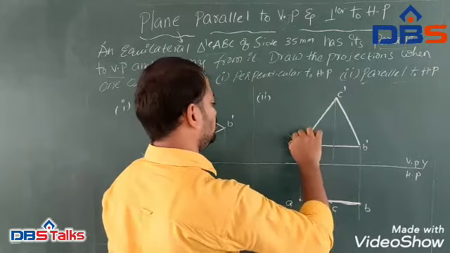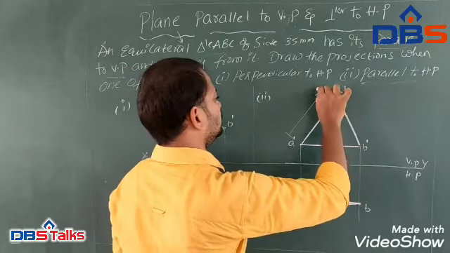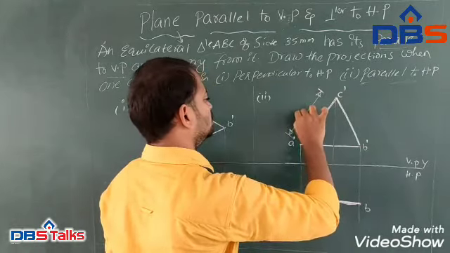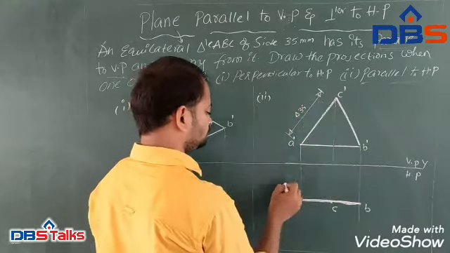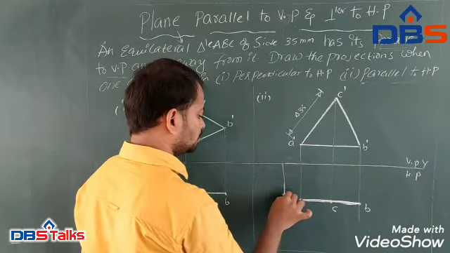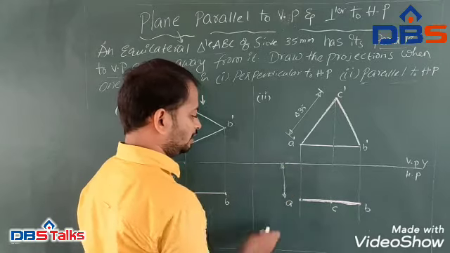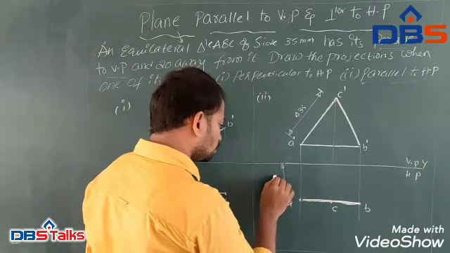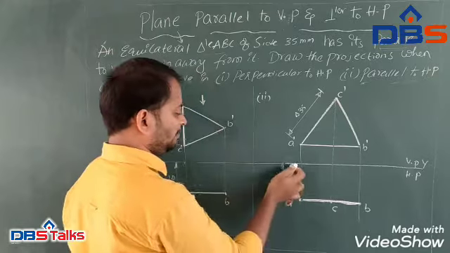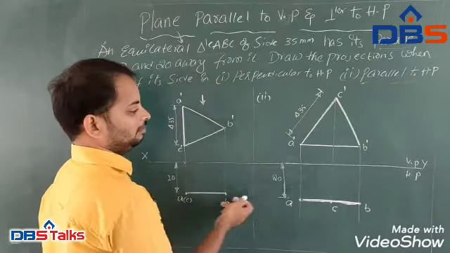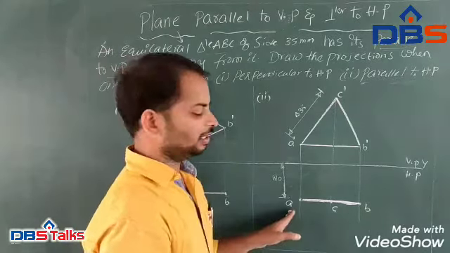The side length is 35, and it is 20 mm in front of VP. The same thing we are representing here.